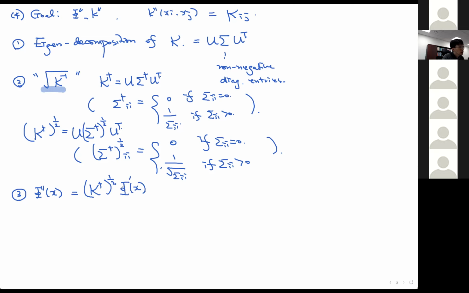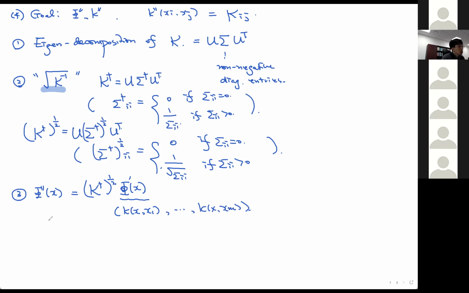So this phi prime of X is just constructing a vector by applying the kernel to the given input with respect to all the examples in the sample. And that's how we defined it.